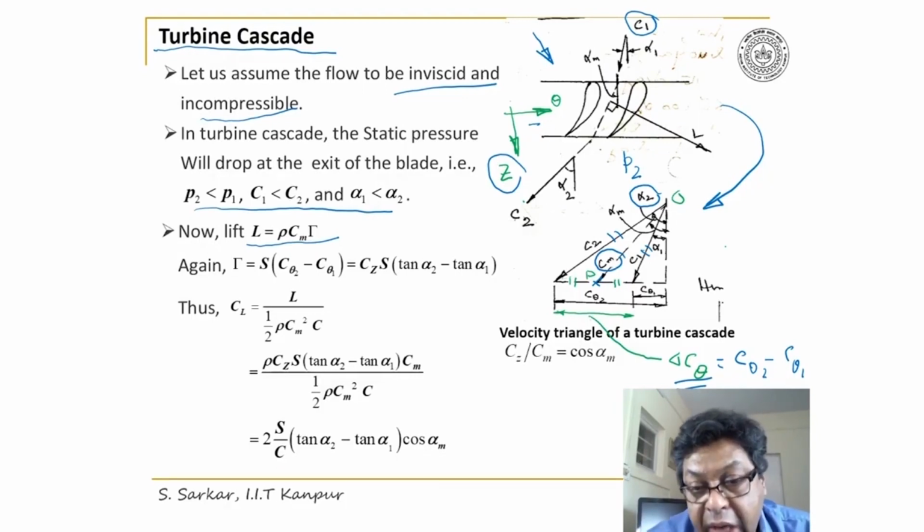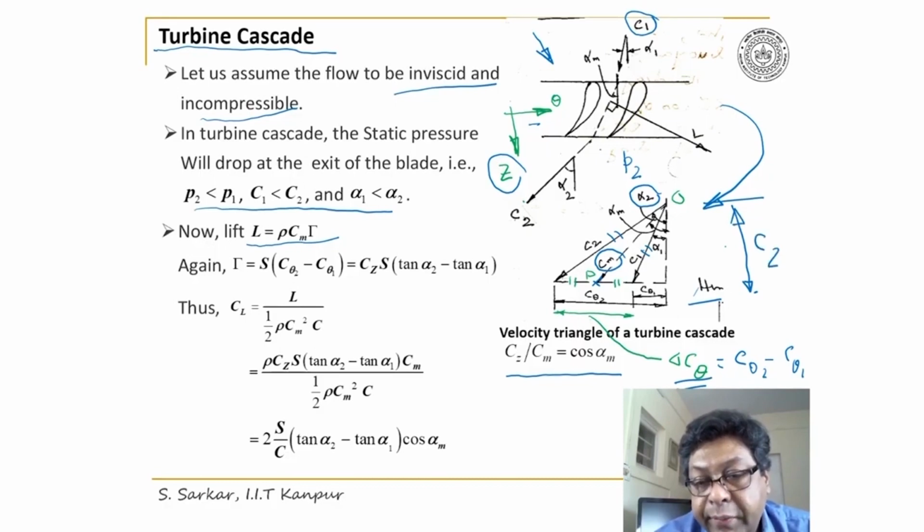Now, using the velocity triangle, I can write Cz by Cm. Cz is the axial velocity, right? That remains constant. Cz1 is equal to Cz2 is equal to Cz, say. Cz will be connected to the mass flow rate to the turbine. So Cz by Cm is equal to cos alpha m.